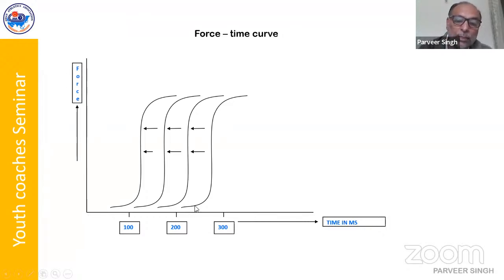On the right side, this curve, your athlete is producing this much force, but taking 300 milliseconds, meaning 0.3 second. So we now want to train the muscle to produce high force in the shortest possible time. We'll try to shift this force time curve towards the left side. You can see these arrows. This means we want to produce high force, but in a shorter time. Only then will we be able to produce a good performance in throws.